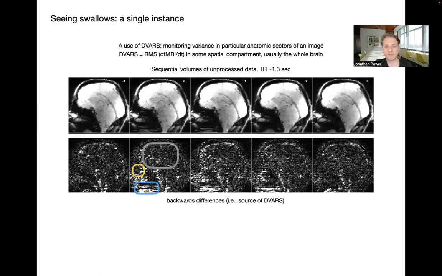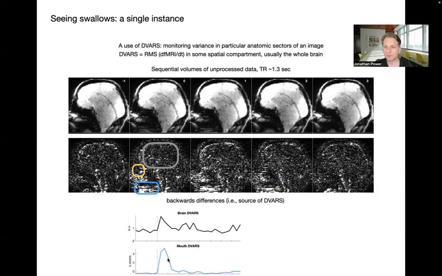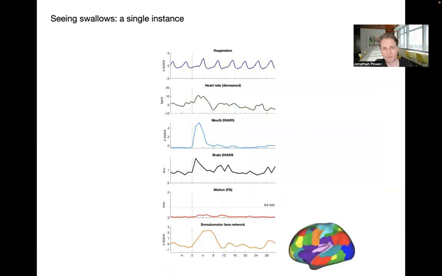So if we look at this exact swallow, which starts somewhere right here, and this is a different time scale now, but if this is where the dotted line is of the start of the swallow, and you look at DVARS in the typical way of the brain, you do see a spike, but it's not that much bigger than a lot of the other things that are happening in a DVARS signal. But if we look at it in the mouth, we see there's a huge SNR and a lot of specificity for signal change in the mouth happening at a swallow.